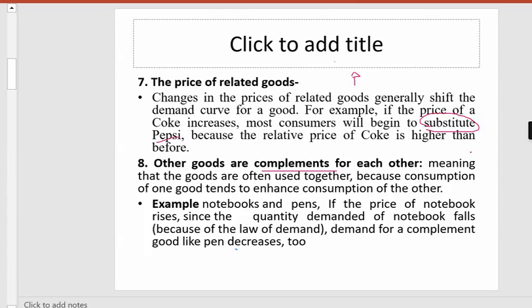You cannot just buy pen without buying what? Written document. Sawa, kama hizo notebook, labda daftari. They have to be used what? They are used what? Jointly. Sawa. Notebook, for example, notebook and a pen. Okay, let's proceed.